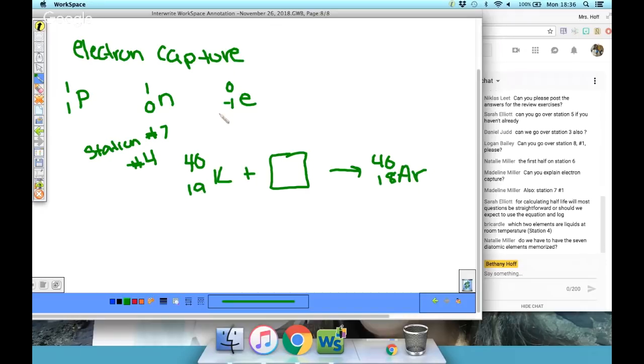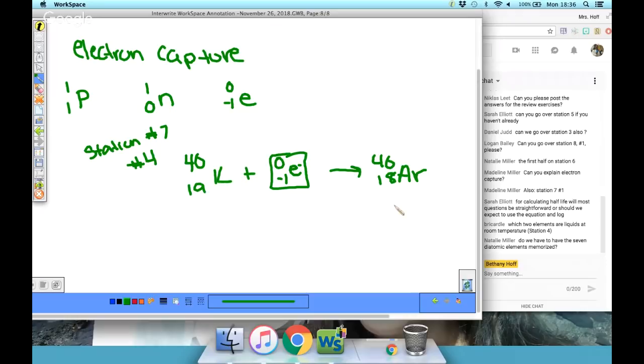So if this is your electron capture, you look over here, this is going to be 0, 19 going to 18. This has to be a -1 in order for these to add together. So the only thing it could be is an electron. This would not be a beta because beta is always released. So this would be electron capture because, as you can see, this is being added to our potassium to produce argon.